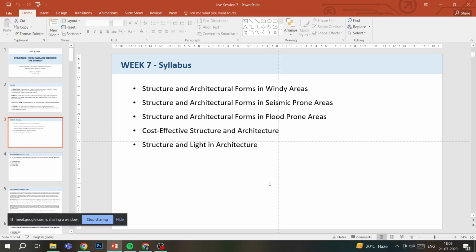Then in the next lecture, structure and architectural forms in flood prone areas.